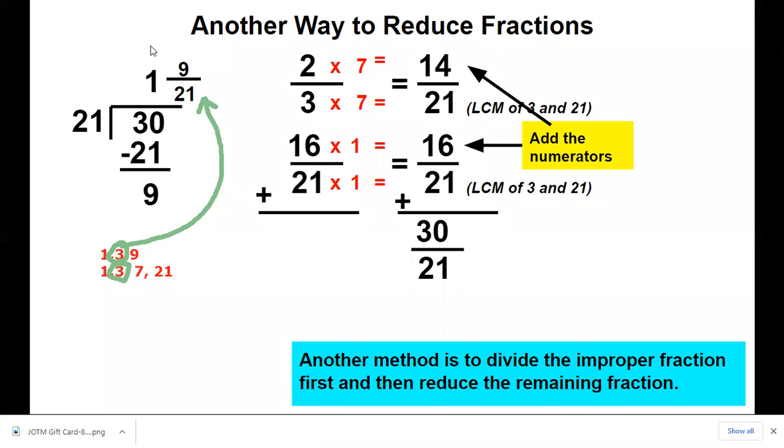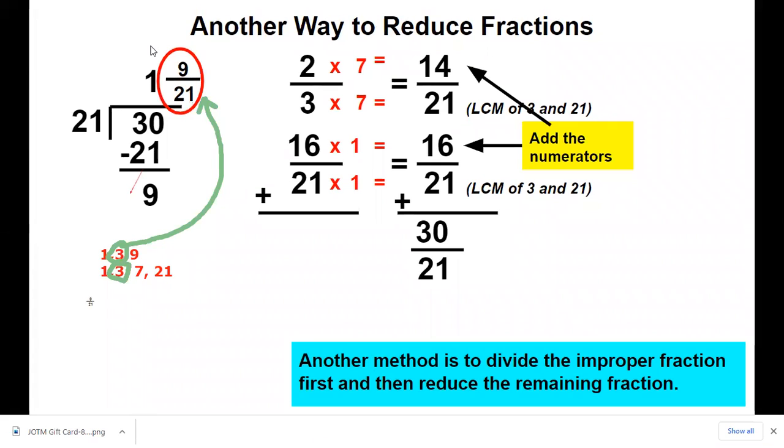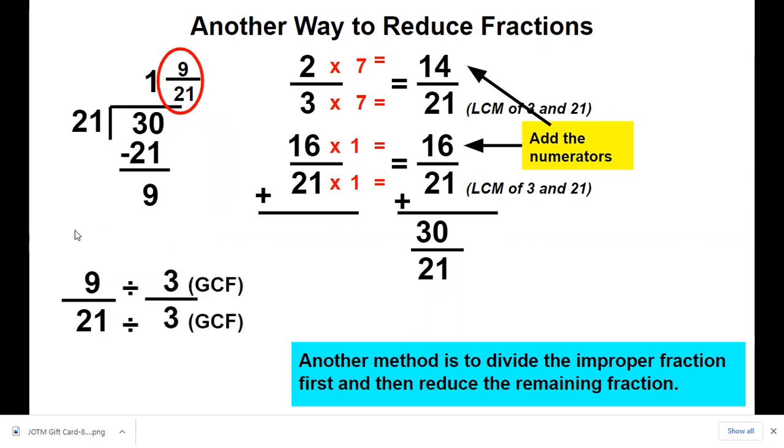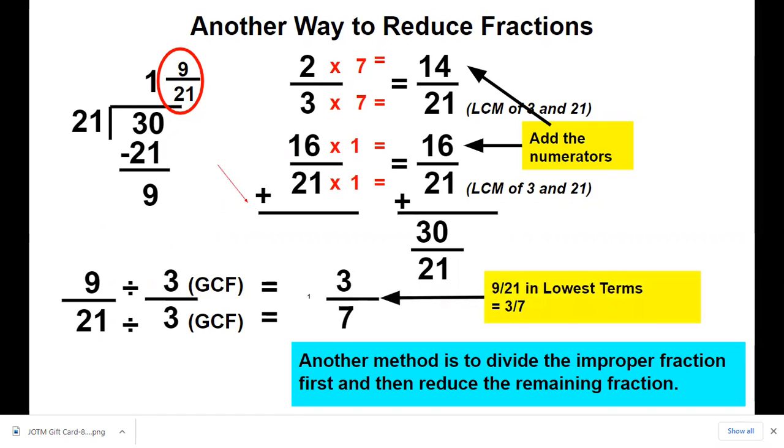So 9 divided by 3, and divide by 3, top and bottom. That gives me 3/7. So the final answer then is, don't forget about the 1, 1 3/7.